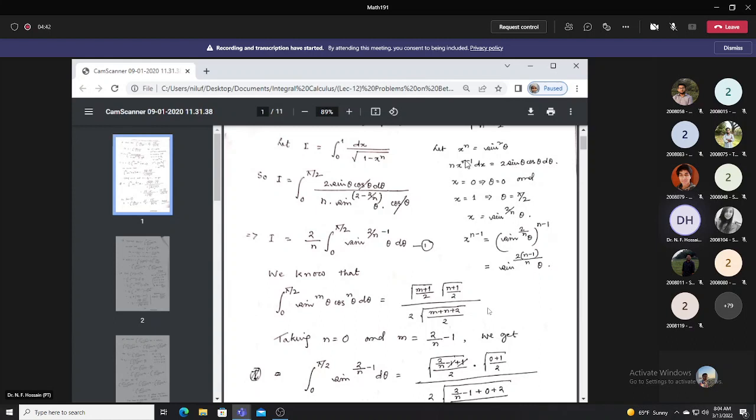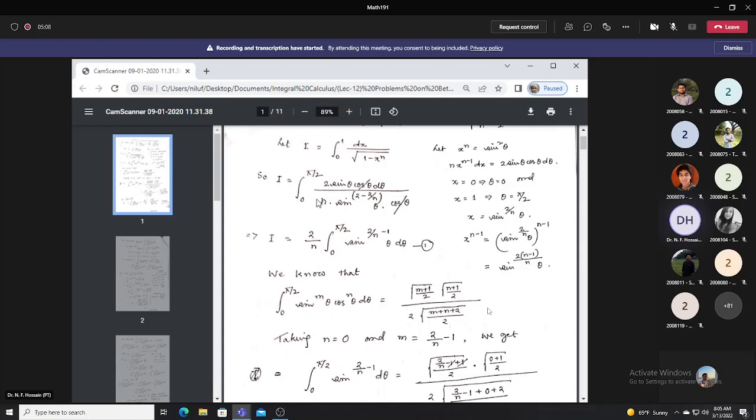So what is the value of x to the power n minus 1? This is the value of x. So for x to the power n minus 1, take the power n minus 1 of this one from the right side: sine to the power 2 by n theta, whole to the power n minus 1. That means ultimately the power will be 2 into n minus 1 divided by n. So let us use it here.